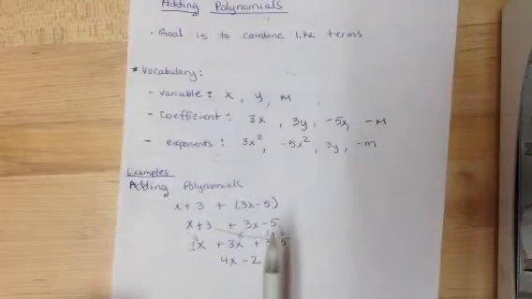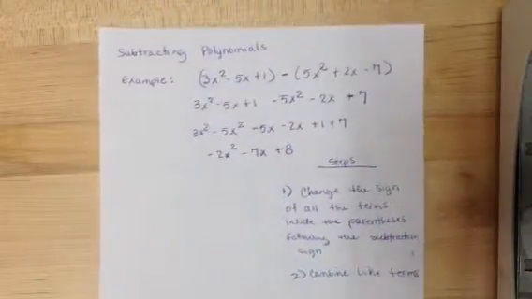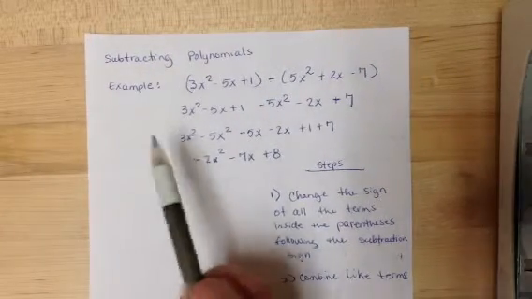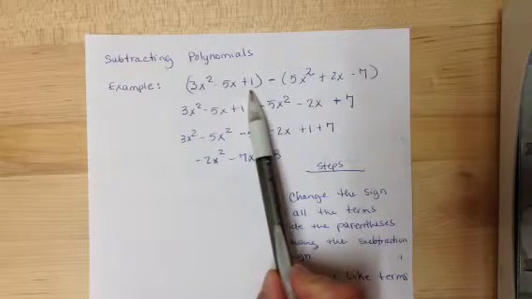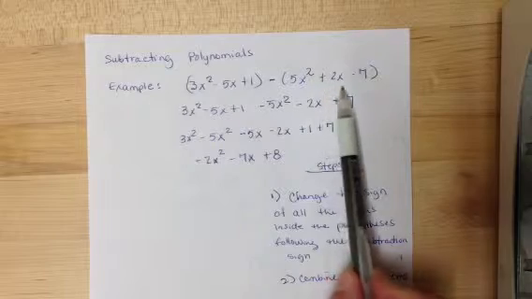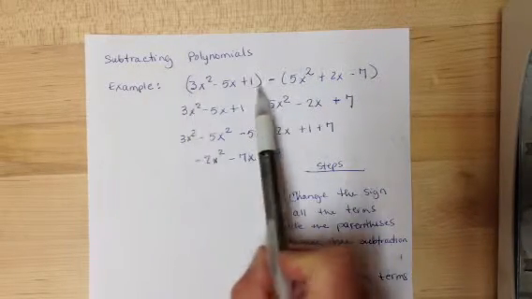Okay, let's go over the example of subtracting polynomials. When we subtract, we have this example here: parentheses 3x squared minus 5x plus 1 minus parentheses 5x squared plus 2x minus 7. Again, we could remove the parentheses.